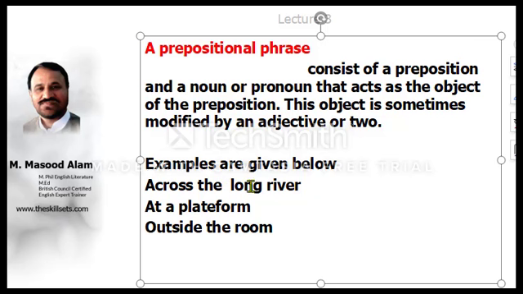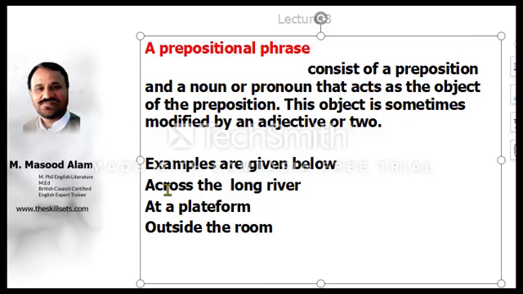The is the determiner, or you can say it's a modifier, and long is the adjective that describes more about the river. River is a noun. So these three things, the long river, are the object of the preposition, and the preposition is across. So we can say that this is a prepositional phrase.